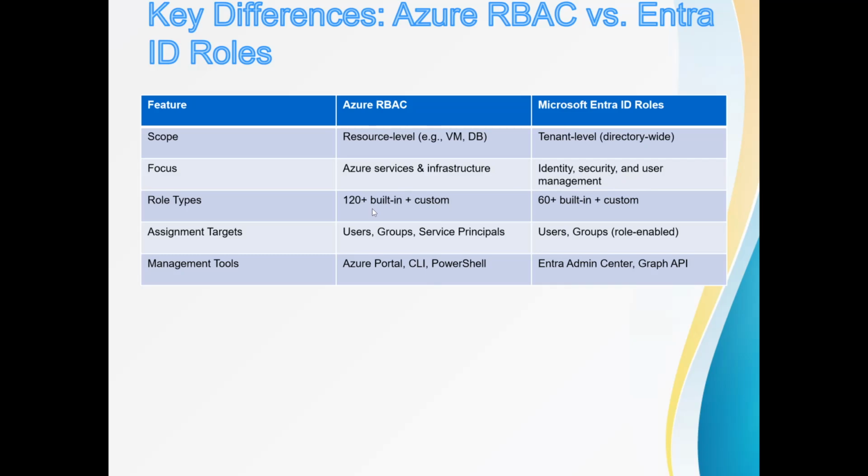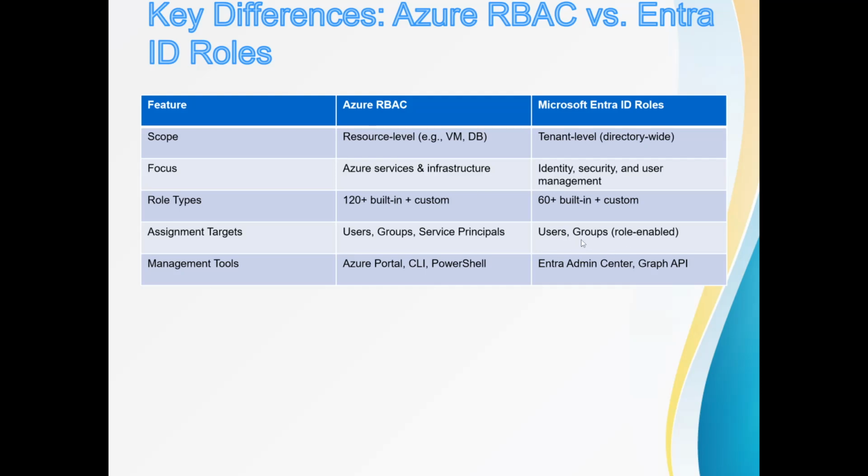Role types will be 120 plus built-in and custom roles for Azure RBAC, and 60 plus built-in roles for Microsoft Entra ID. Assignment targets for these roles are users, groups, and service principals for Azure RBAC, and users or groups for Microsoft Entra ID.